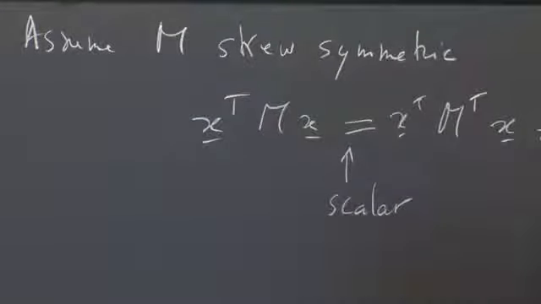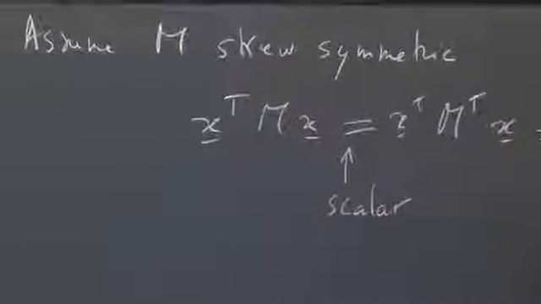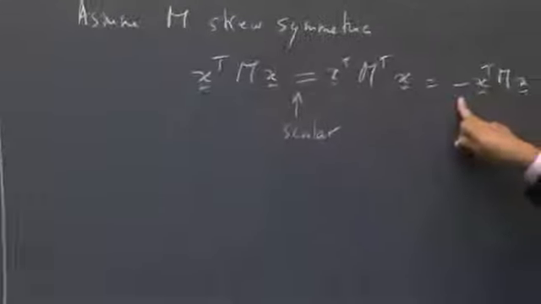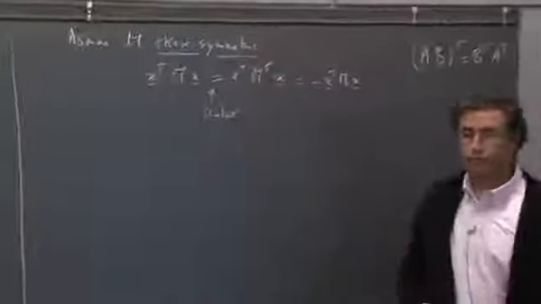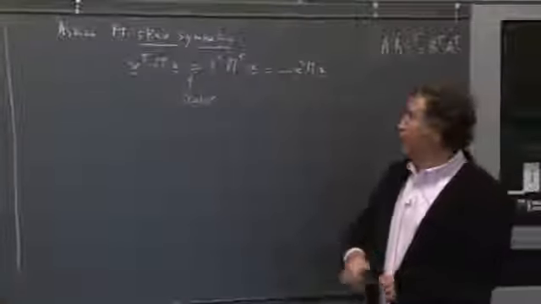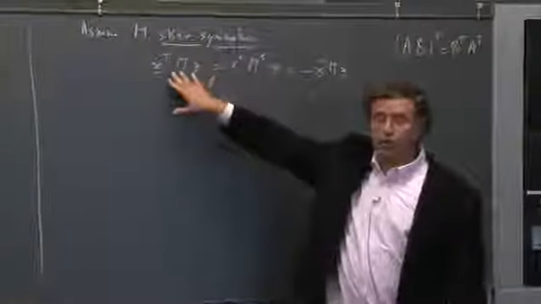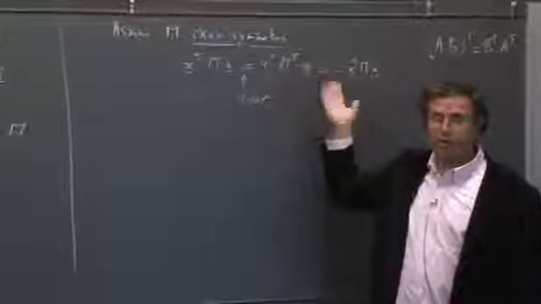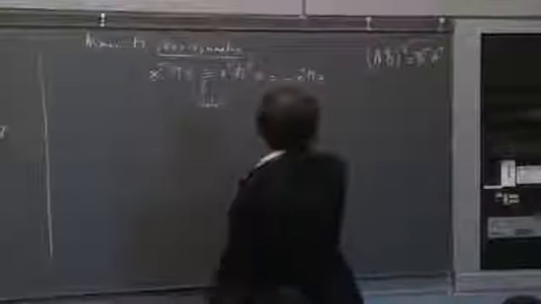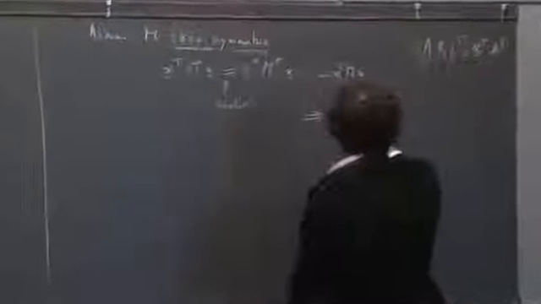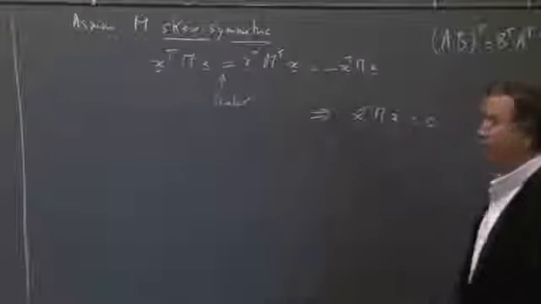But of course, we assume that M is skew-symmetric, so we can write this as minus x transpose Mx. So for an arbitrary vector x, x transpose Mx is equal to minus x transpose Mx. In other words, it's equal to 0.